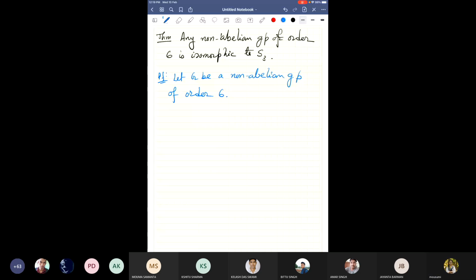Now, what can you say about the subgroups of a group of order 6? What will be the cardinalities of its subgroups? What are the possible cardinalities? 2, 3, 6. 2 and 3. And by Cauchy's theorem, what do we know? For every prime divisor, there exists a subgroup of that order, right? So 2 and 3 both are prime divisors of 6.